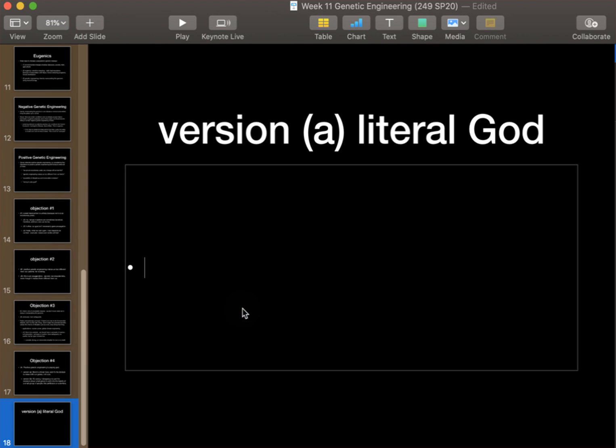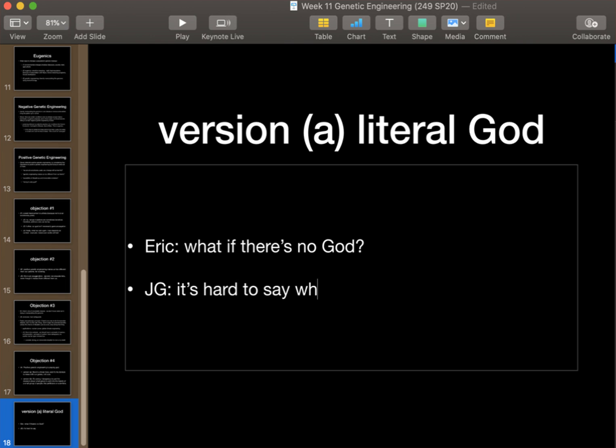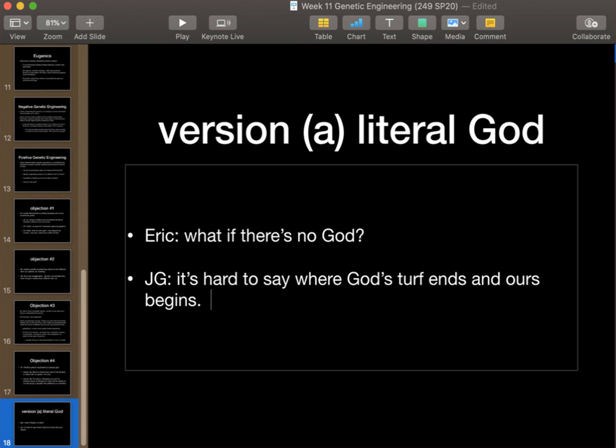Okay? So Glover, so one thing you could say here that he does not say, you could say, what if there's no God, right? If there's no God, then this version of the objection just collapses. Okay, but that's not what Glover says. What he says is, it's hard to say where God's turf ends and ours begins.